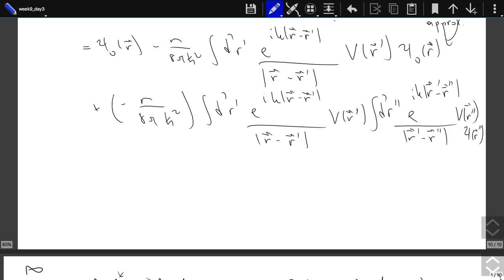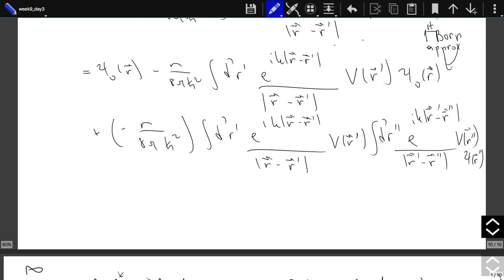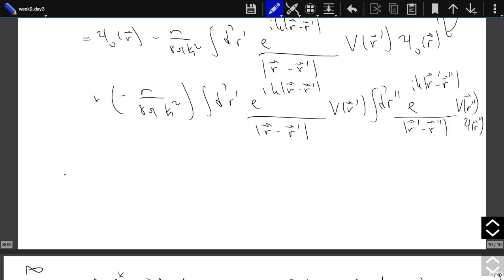So basically, we can also have a graphical representation of this one. So we have psi, this is psi 0, it doesn't interact, plus psi 0 as my particle is propagating with a given momentum. It propagates, but then it interacts with the potential.